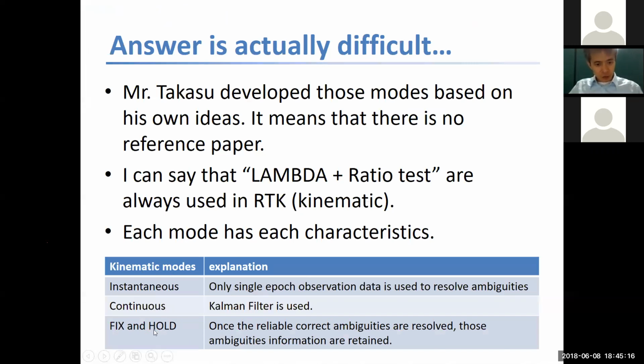And fix and hold is basically the same as continuous because a Kalman filter is used. But there is one difference: once the reliable correct ambiguities are resolved, that ambiguity information is retained, which means they don't try the ambiguity resolution again.